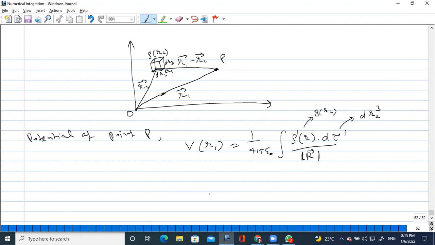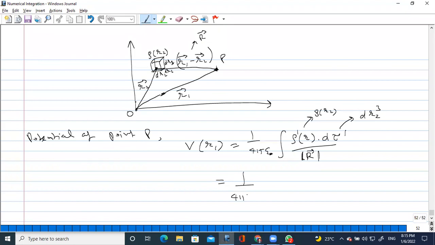R is the distance from the actual source of charge to point P, so R1 minus R2 is the replacement of R. From the EMT formula, I can replace like this.